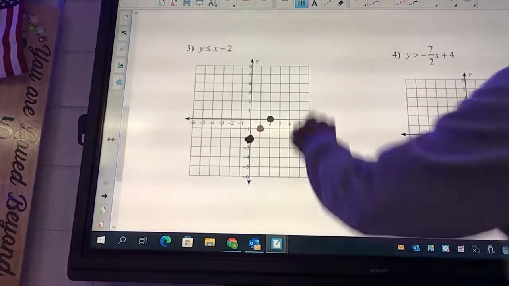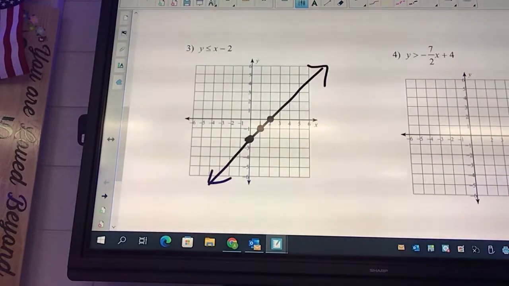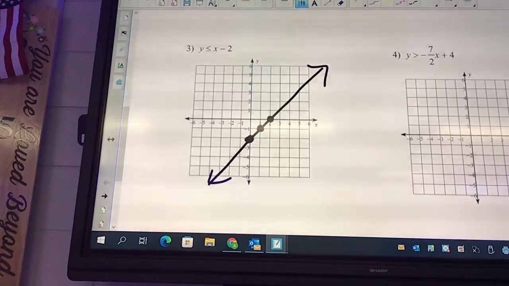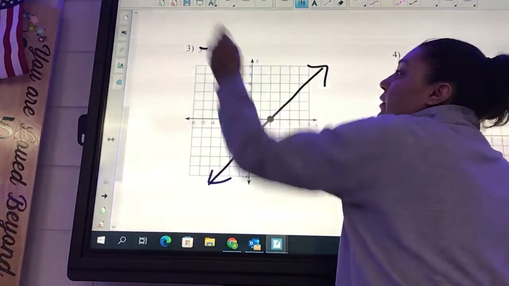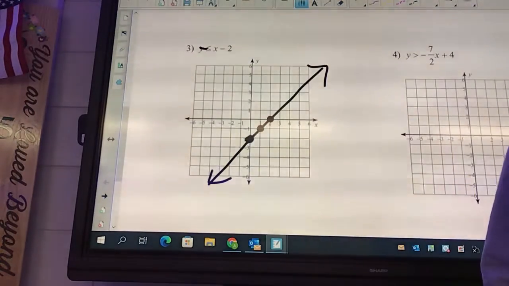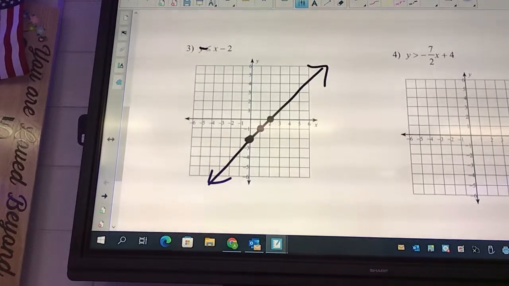Solid line. And then we have to read it. Y is what? Which part of the mouth are you going to touch first? Okay, we'll start at the Y. Y is smaller. So which part are you going to shade? Above or below? Below.